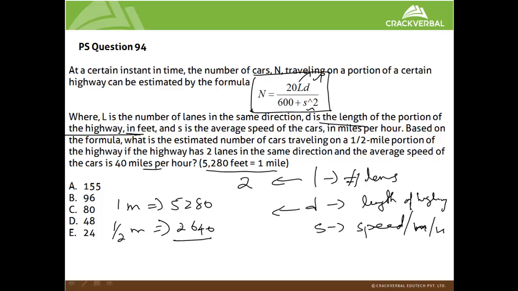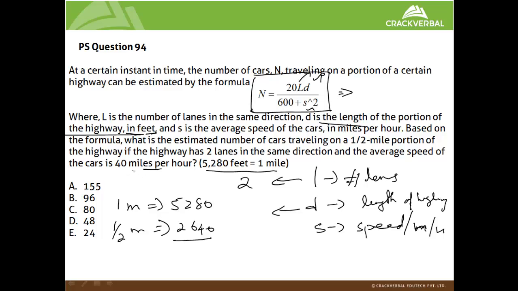Either we can convert this or we can just keep it as half into 5280 as well, because that will help in cancellation when we substitute. D has to be in feet, but they have given miles, so now we have converted it into feet.